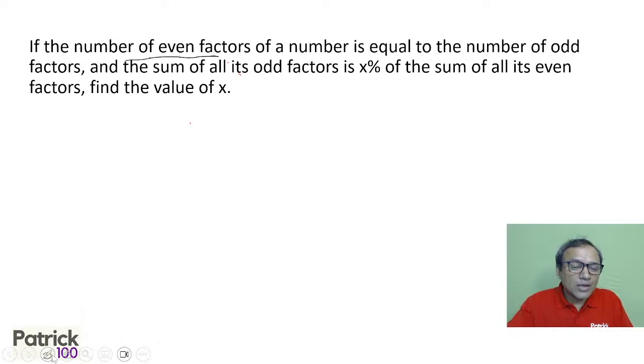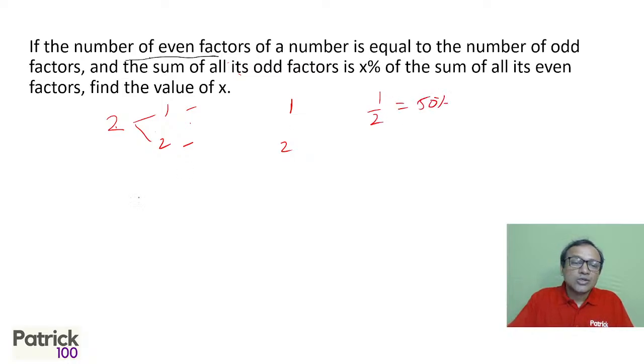What value will satisfy? 2 will satisfy. 2 has factors 1 and 2, so the number of odd factors will be equal to the number of even factors. The sum of all the odd factors, which is 1 in this case, is x% of the sum of all the even factors, 2 out here. So that means 1 out of 2, which will give you 50%. So the answer will be 50.